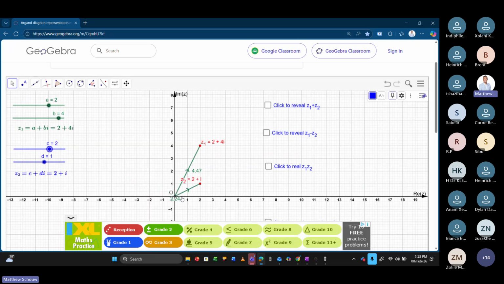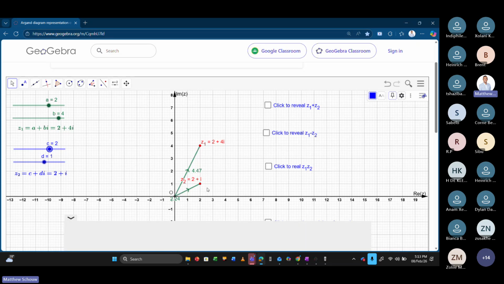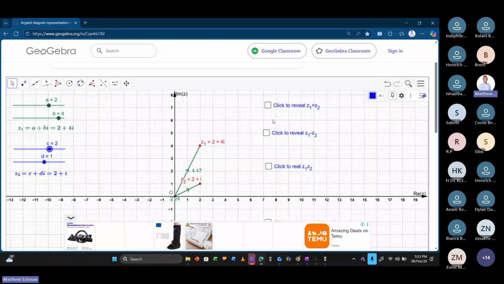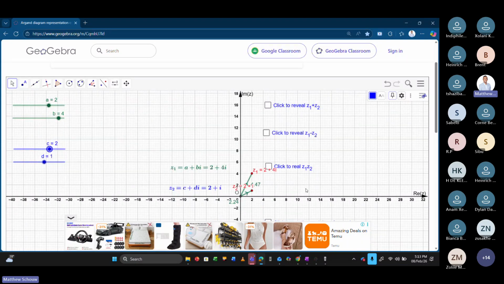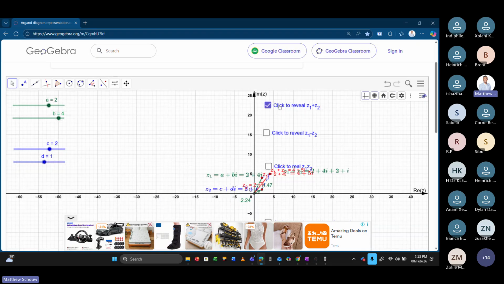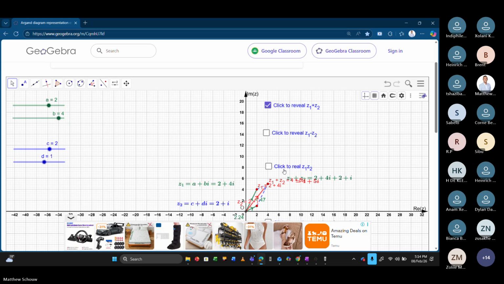You can view these as 2 vectors. If I want to find the addition of Z1 and Z2, you notice there's a real number axis on the side here, and your imaginary axis. If I want to add them, the total will look like that. Let me shift this over here and make this bigger. You can see there, right?